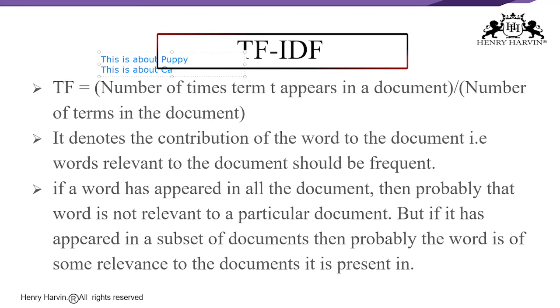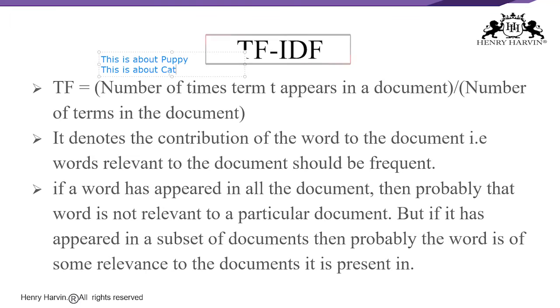So in document 1, this is about puppy, you have to see how many times the term has appeared. TF means the number of times the term t appears in the document divided by the number of terms in the document. Totally there are 8 words, so I can say that in document 1 it has appeared 1 by 8. In document 2 it has appeared 1 by 5.